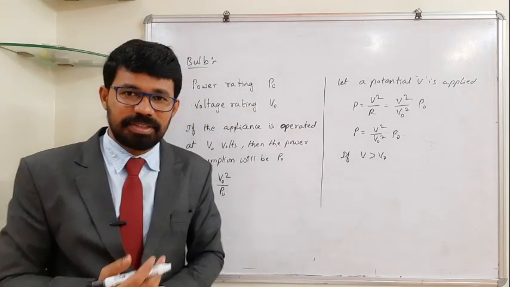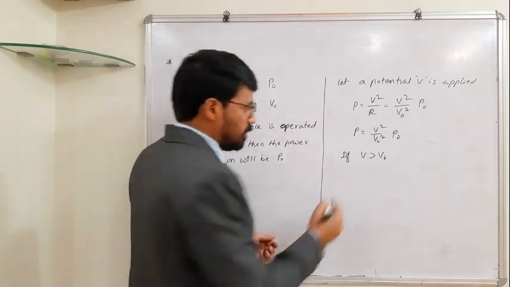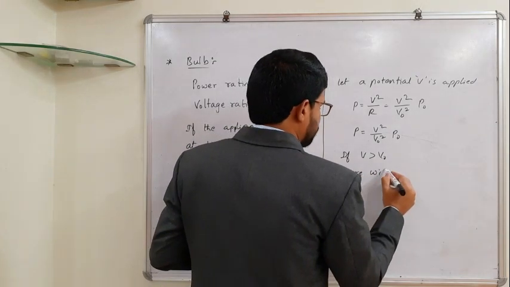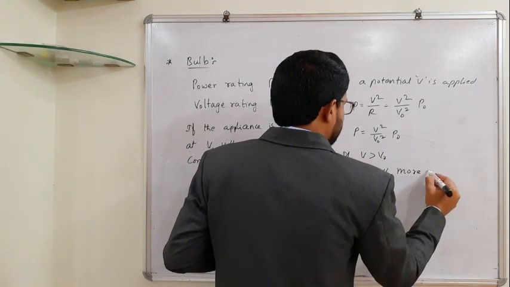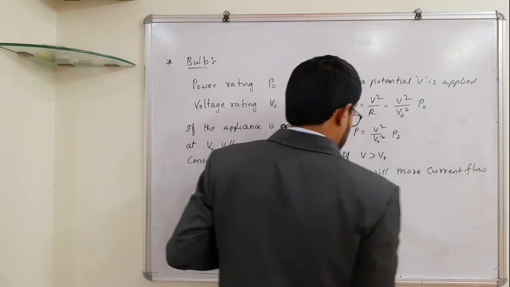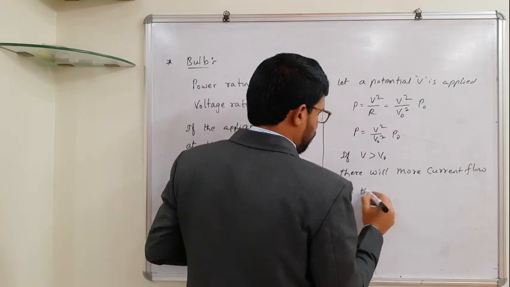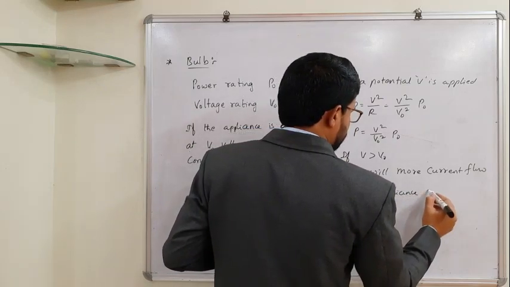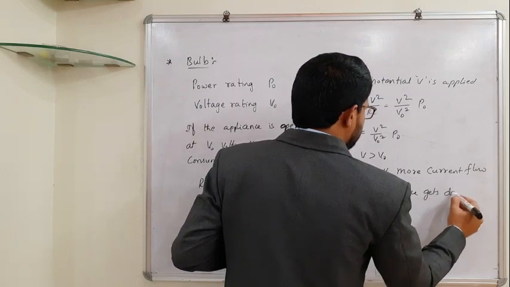So what happens? It gets damaged. So if V is greater than V naught, there will be more current flow, and the electrical appliance gets damaged.